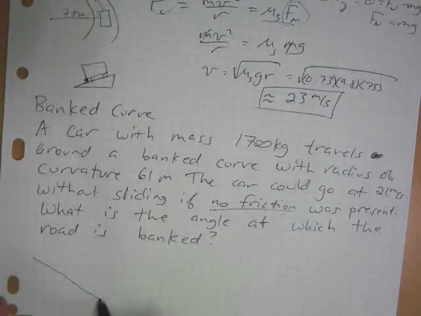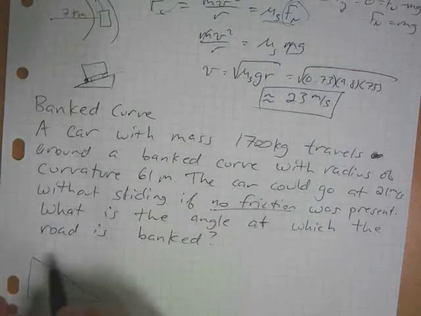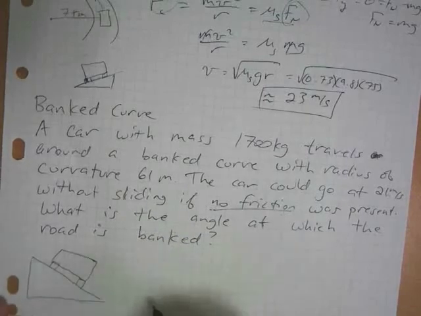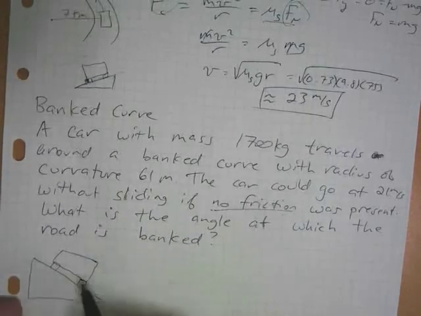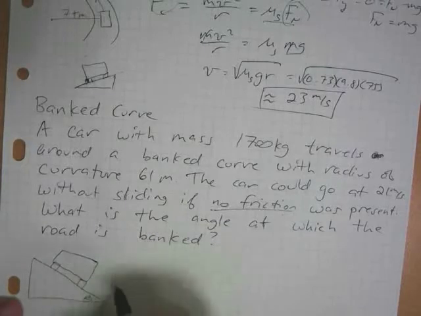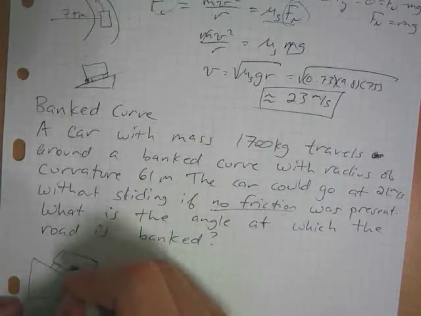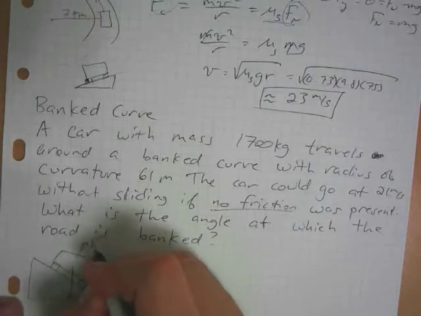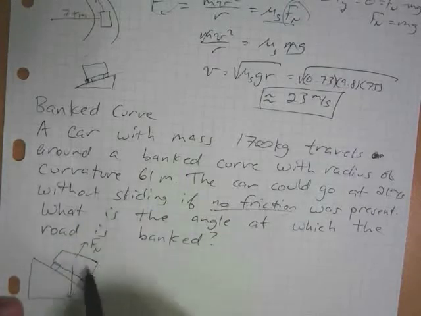We've got our banked curve. We've got our car, tires, on the curve. And we want to know what this angle is. Well, what forces do we have acting? We have gravity and normal. And the centripetal force is the net force, but the center of the circular path is this way, in the horizontal direction.